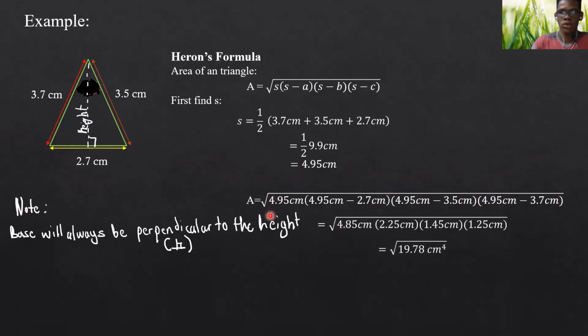Now you all know how to add and subtract, so I'm not going to waste time on that. So we just multiply. What you notice you end up with here is centimeter cubed. If you know area is centimeter squared, we use the metric system, so meter squared, anything squared, for area.